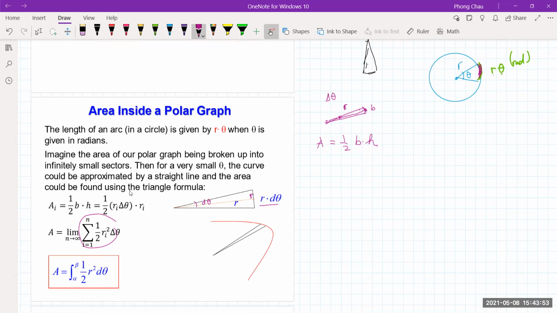Now, don't forget the area is calculated in terms of theta. Alpha is the beginning, the lower end of the angle, and beta is the upper end.